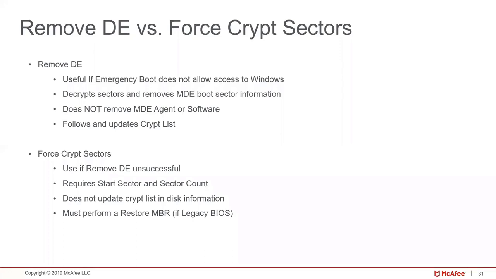It decrypts and removes everything based on the presence of the crypt list and updates it. So if it's in progress, as it progresses, it's updating the crypt list with the current state.